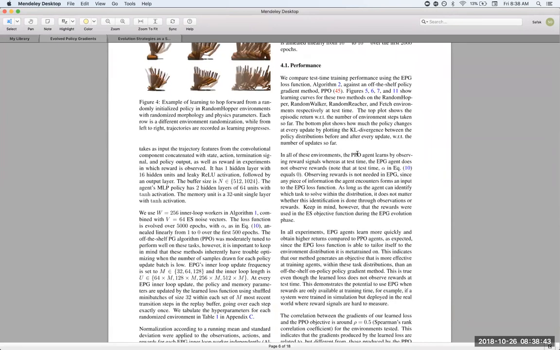So they are comparing the evolved policy gradient method with the PPO method. PPO is a hard-engineered reinforcement learning loss function, and it generalized.